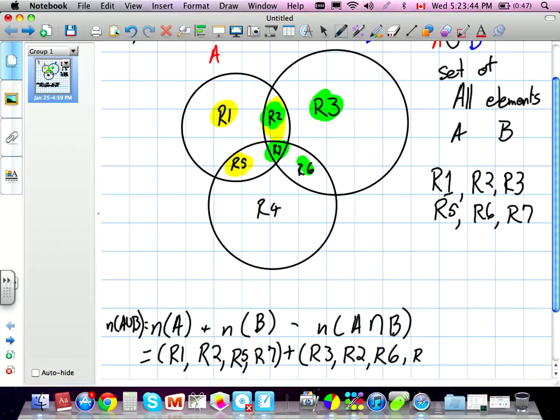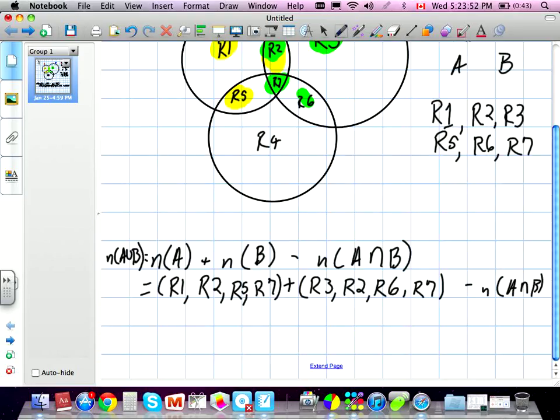And what we'll do is keep the intersection of A and B out of it for now, and we'll talk about it. So if I were to add all those together, I would have R1, check, R2, check, R2 again, check.